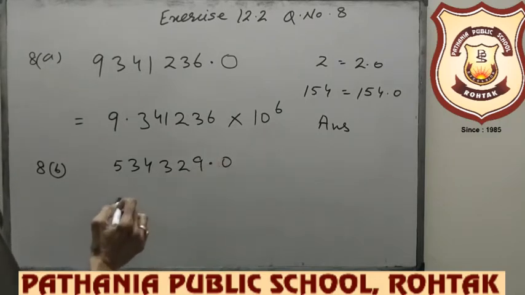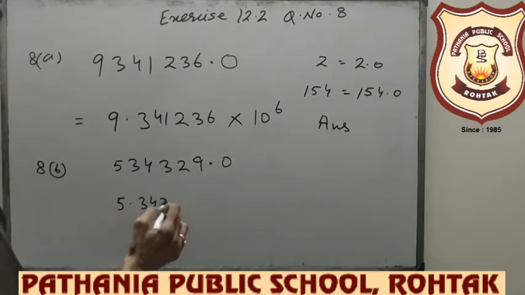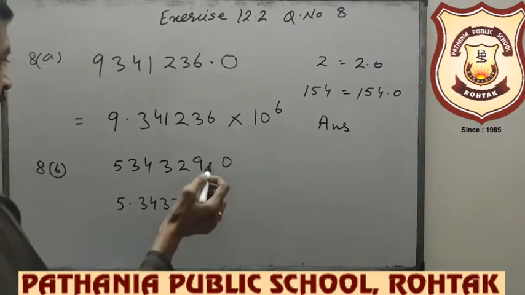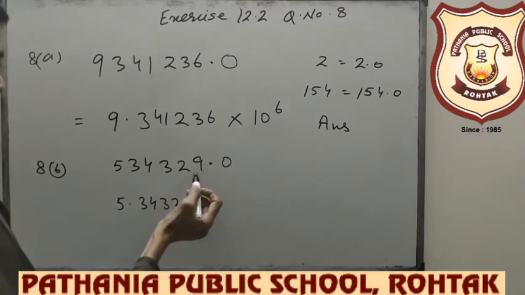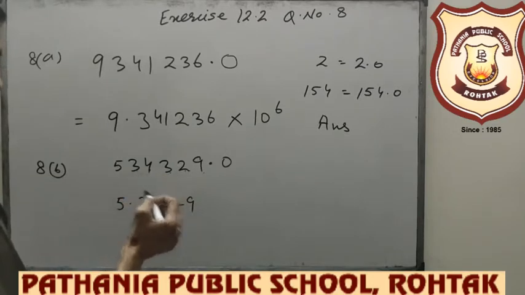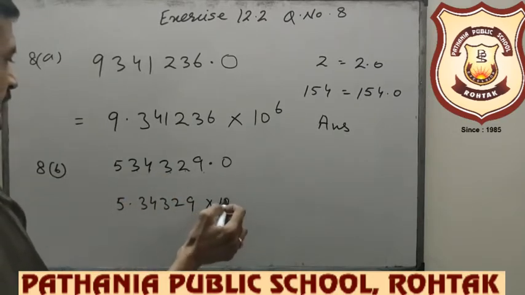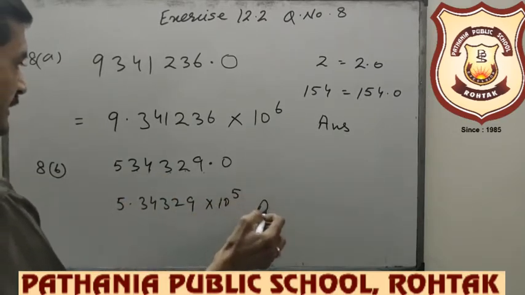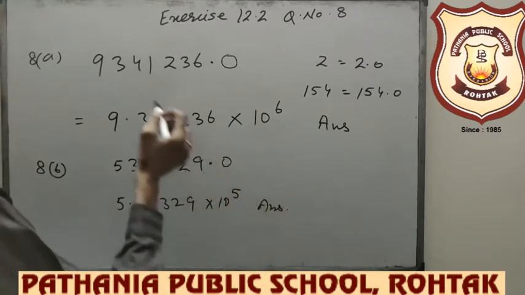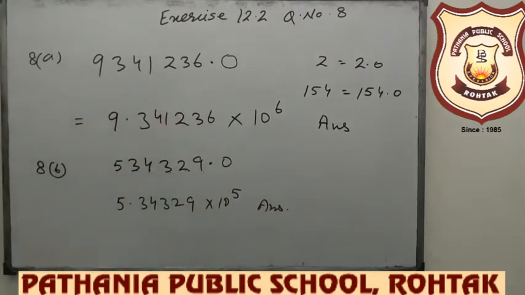Now write it like this, 5.34329. The decimal traveled 1, 2, 3, 4, 5 digits. So into 10 raised to the power 5. This is the answer. In this way, these are the numbers in usual form, and you write all these in standard form in this way.